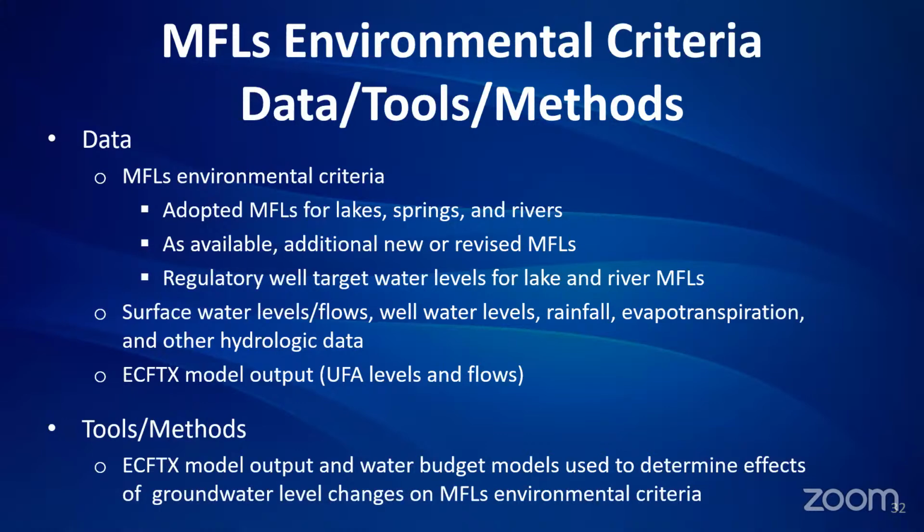We also use other types of modeling tools for evaluating minimum flows and levels, including surface water body models that link information provided by the groundwater model, such as the ECF-TX, to changes in water levels and surface water features, such as lakes, rivers, and springs.